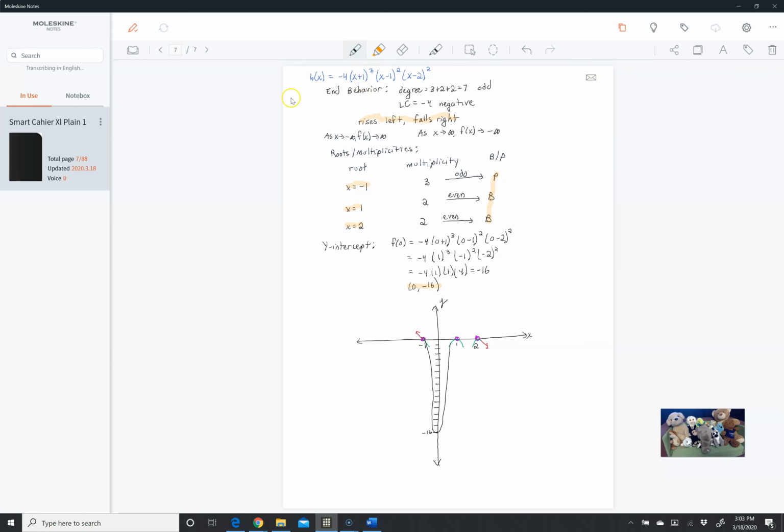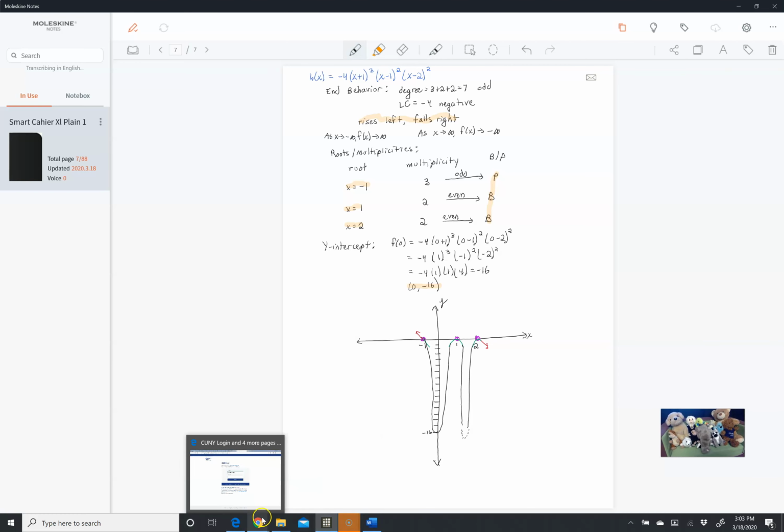You raise it to the third power and multiply by -4, you get a pretty big number. So we're just going to show it going off the graph, meaning we go to the bottom of our graph, and then you could just leave it like that, or you could put, as a dashed line, just a little piece like that, just to show that it will turn somewhere between there.